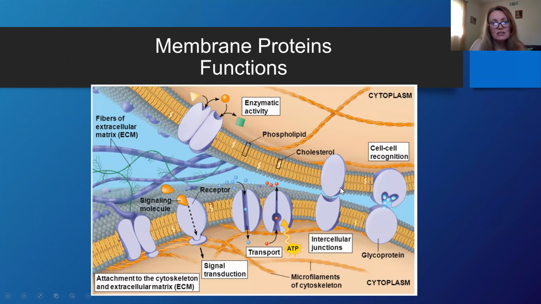Okay, so here, this diagram shows us a function of membrane proteins. They can be, as we already mentioned, protein channels. So let's see if they show here any protein channel. Well, they don't, but they show you just here, right there. So this is the protein channel, and function is transport.